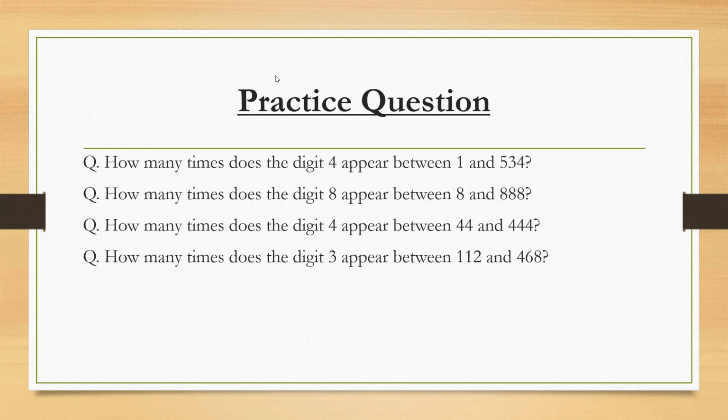How many times does the digit 3 appear between 112 and 468? What about others?